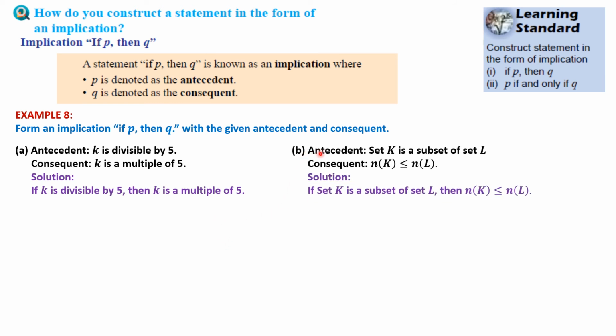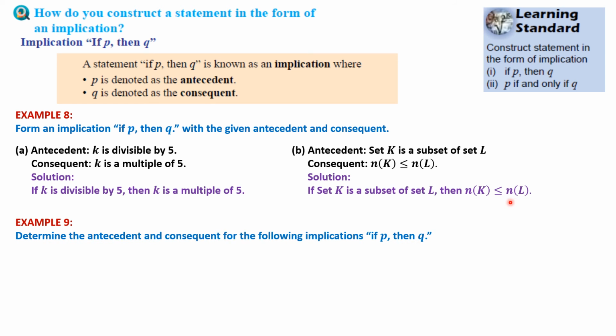This one is very simple, okay? Now we look at B. Okay, combine the antecedent and consequent. So you write down the antecedent first, but start with "if". If set K is a subset of set L, comma, then the number of elements in set K is less than or equal to the number of elements in set L.